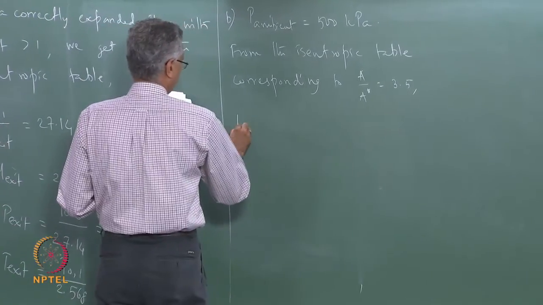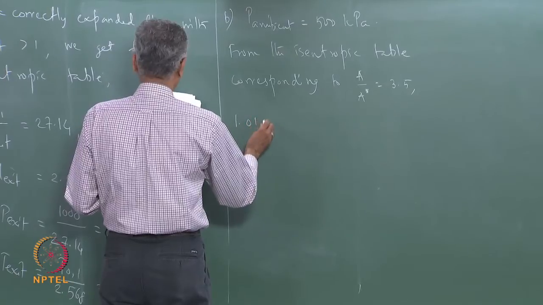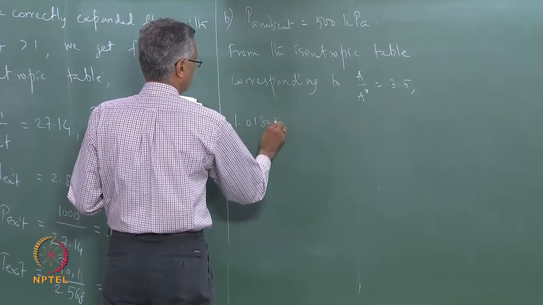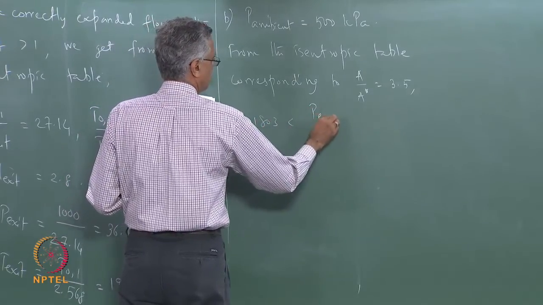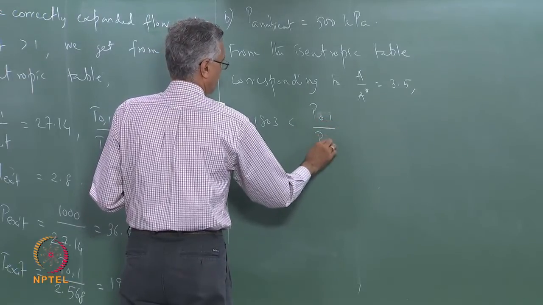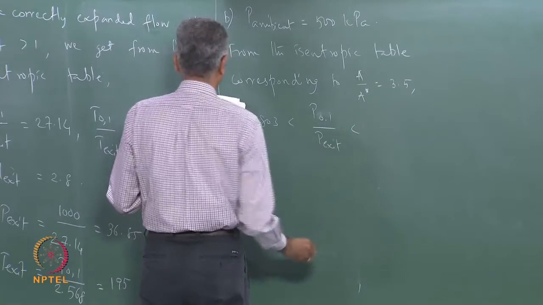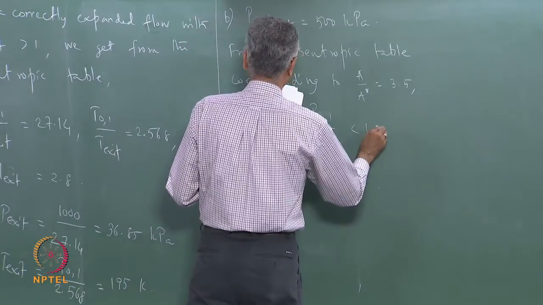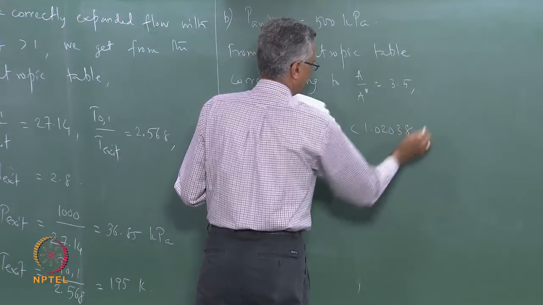So, basically it lies between these two things, 1.01803 less than P0 1 divided by P exit less than 1.02038.